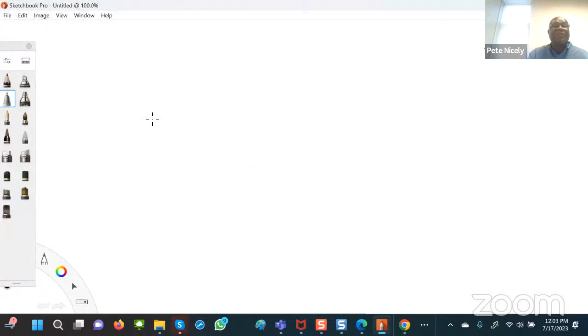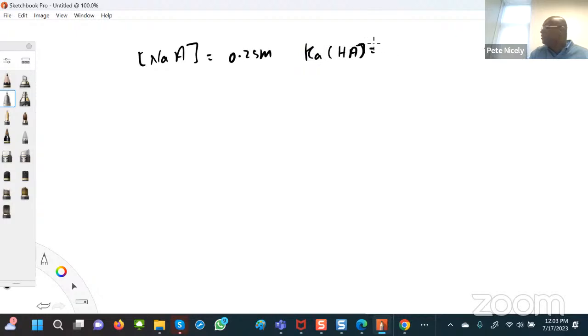So the concentration of sodium formate, I'm going to use NaA again for that purpose, will be equal to 0.25 M. And the Ka value for the formic acid is equal to 1.8 times 10 to the minus 4, all right?